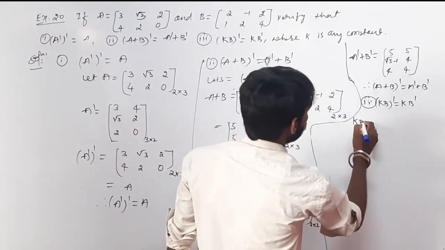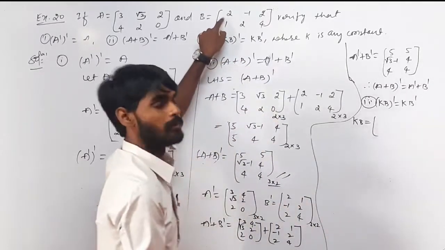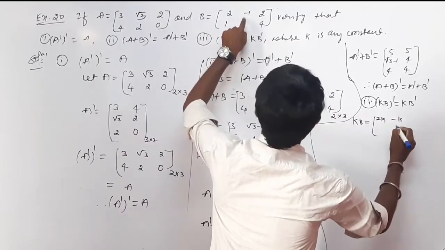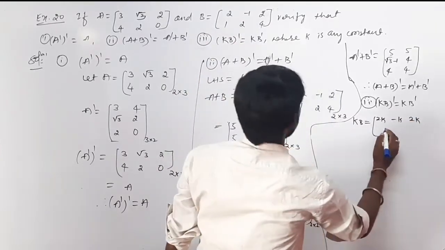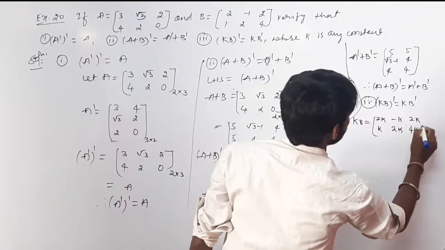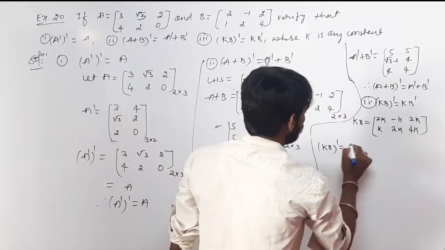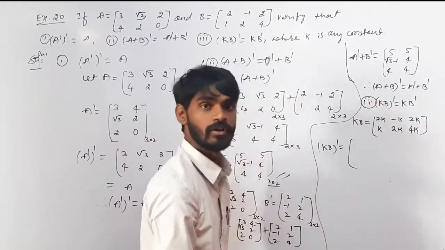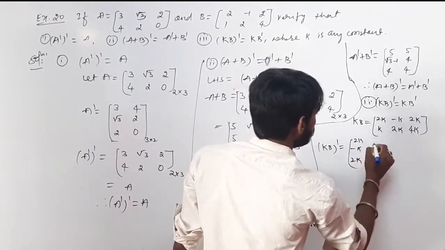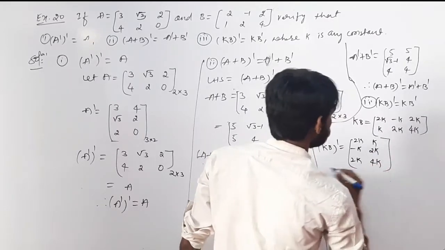So k into B is equal to, multiplying the B matrix by k: 2k, minus k, 2k, next k, 2k, then 4k. Now we can apply the transpose of kB whole dash, interchanging the rows into columns: 2k, minus k, 2k, next k, 2k, that is 4k.